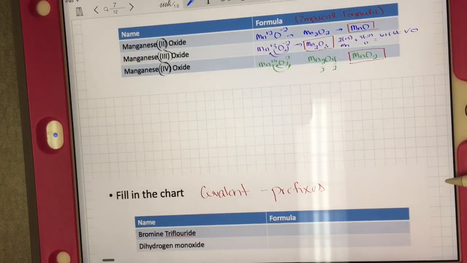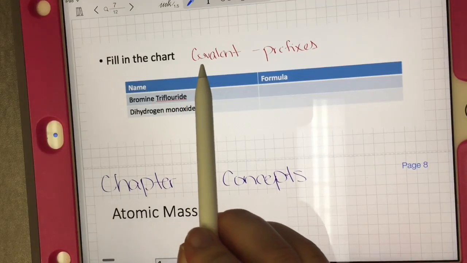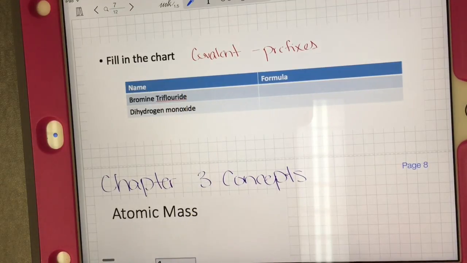Okay. So we're going to move to covalent compounds, and with covalent, remember this is where we have our prefixes with mono, di, tri, and so forth. So we're not so much looking at charges as we are the prefixes of how many things are in here.